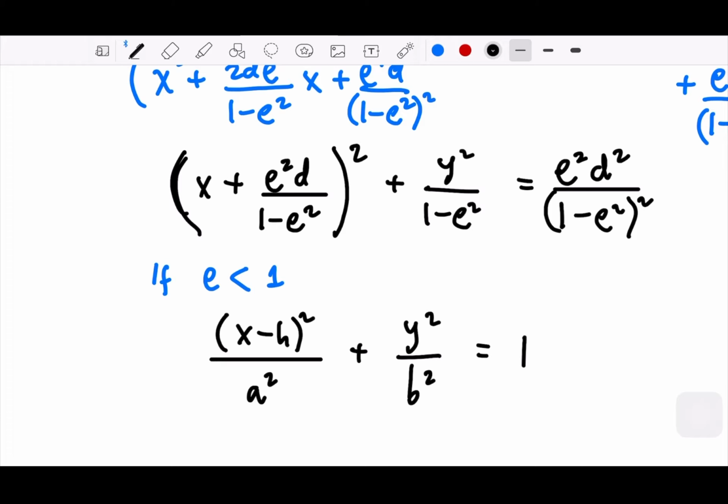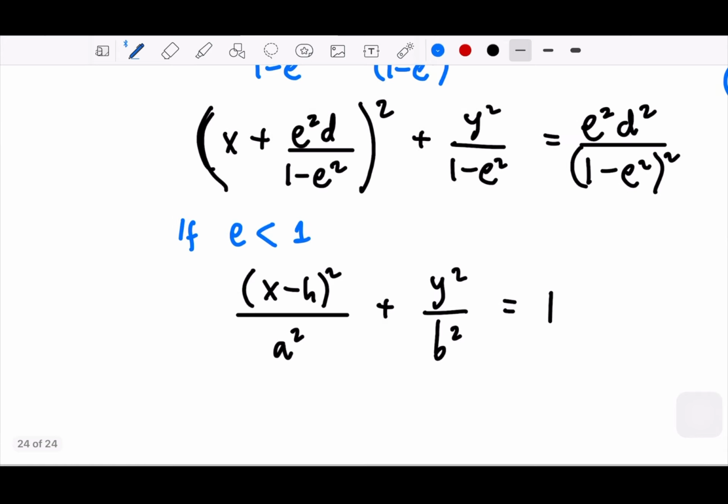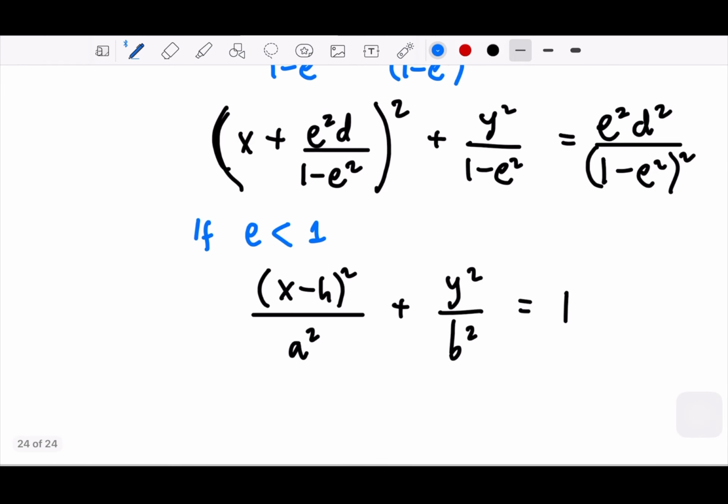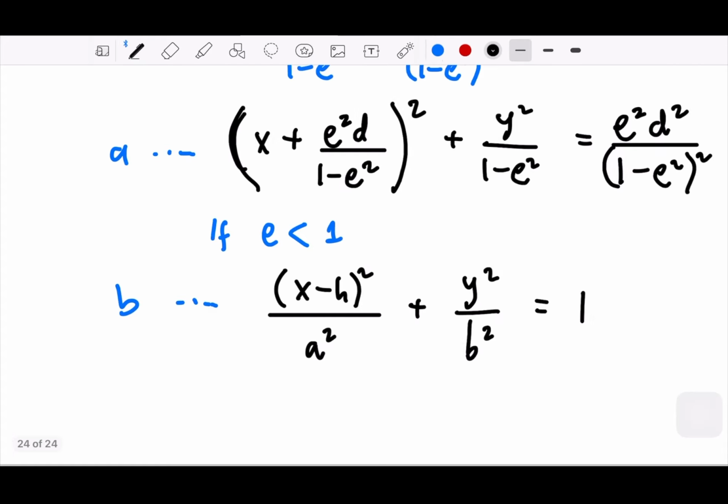And then we can look at these two equations and compare, and then we can take some conclusions.